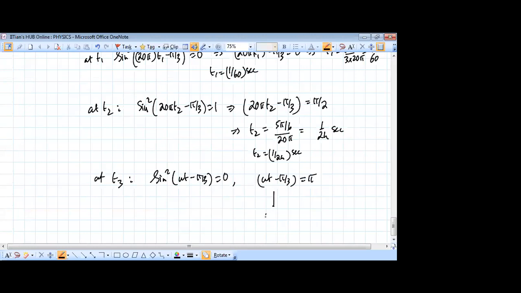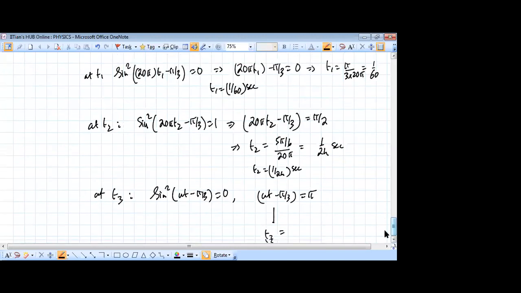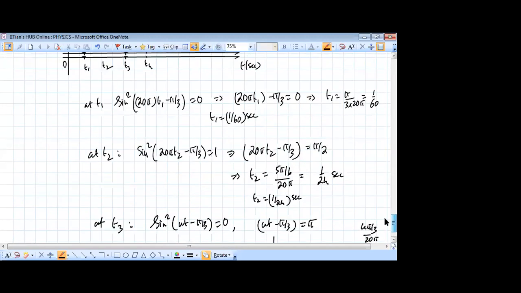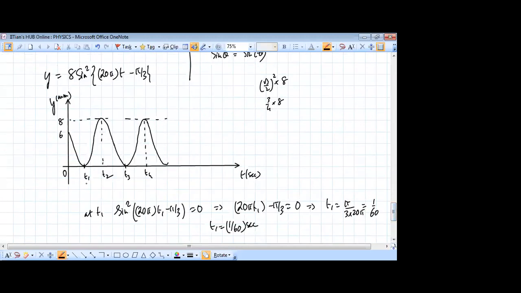So when you calculate T3, you get 4 pi by 3 divided by 20 pi. So you get that as 1/15th of a second. So these are the various values of time we get.